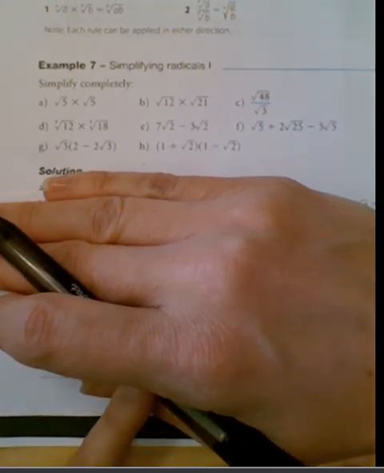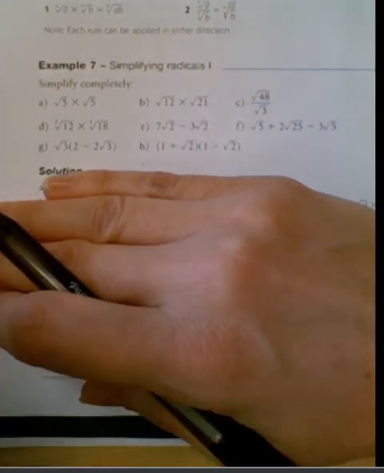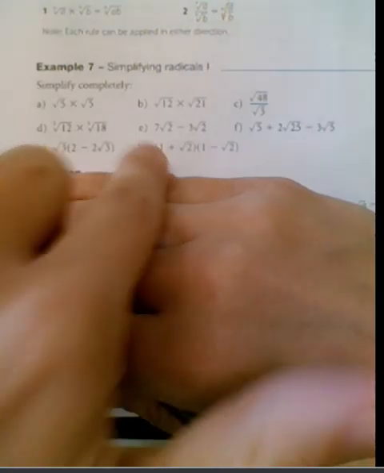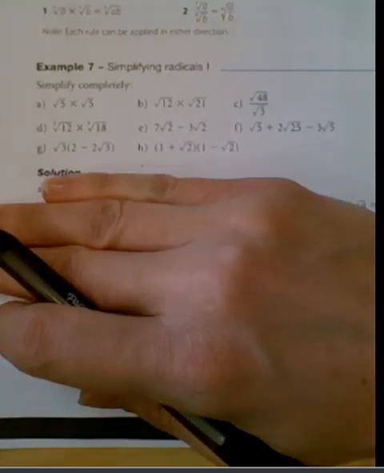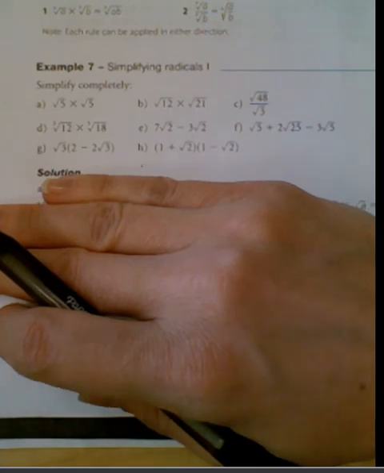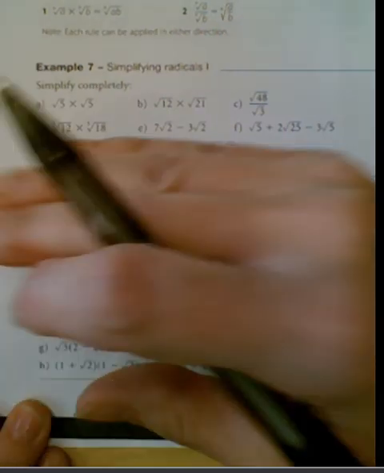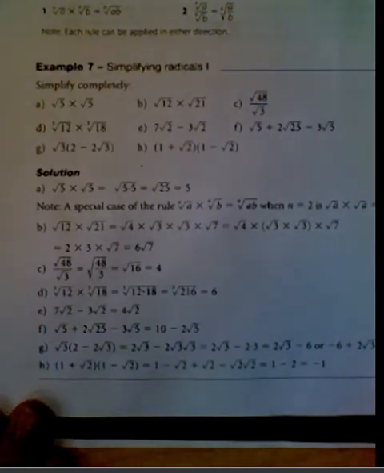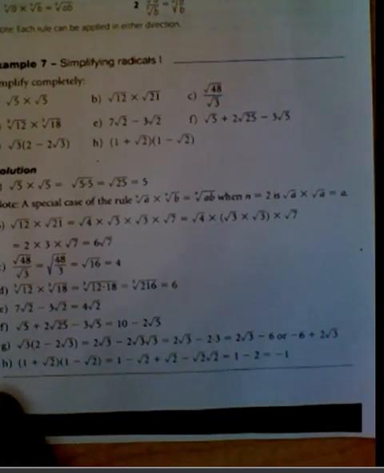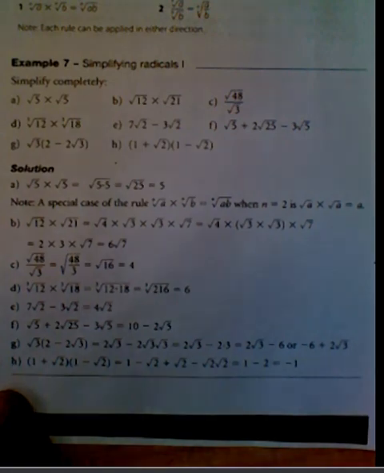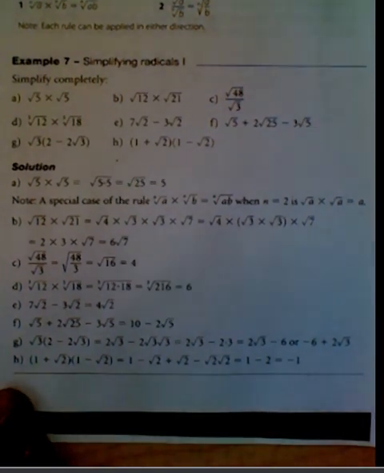Don't do all of them. Do 1 or 2. Maybe the ones that are more difficult here at the bottom, like F and G and H, and see if you're able to simplify those out. Then check your answer. See if it worked out to be what you thought it was going to be. Again, come prepared to ask any questions that might have been confusing to you on this video.